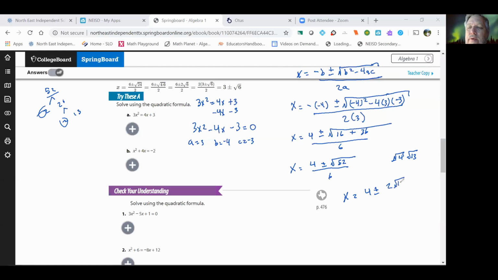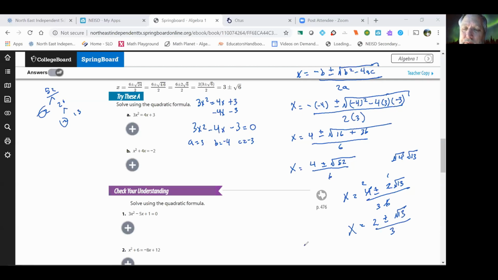That leaves me the square root of 13, all that over 6. So now we can go ahead and simplify this. Remember, this 6 goes with each of those. So that cancels to be 2 over 3, and this one ends up being 1 over 3. So it ends up being 2 plus or minus the square root of 13 over 3.